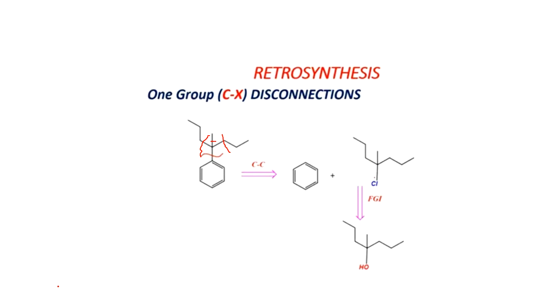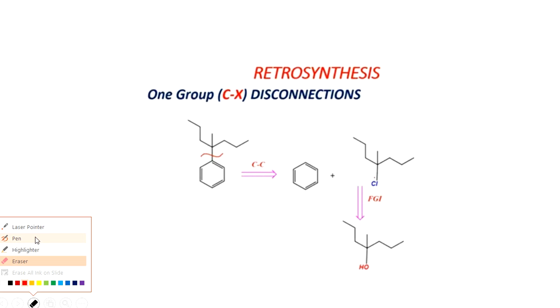So for this, we make the fragment from benzene and this bond. We know benzene is an easily available starting material, and we get the fragment.